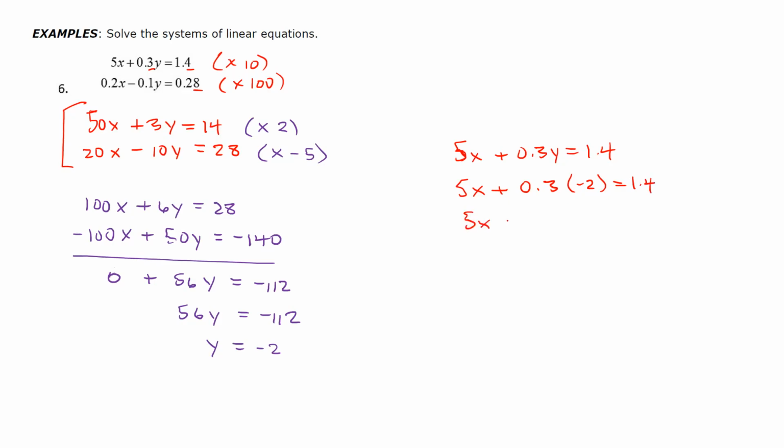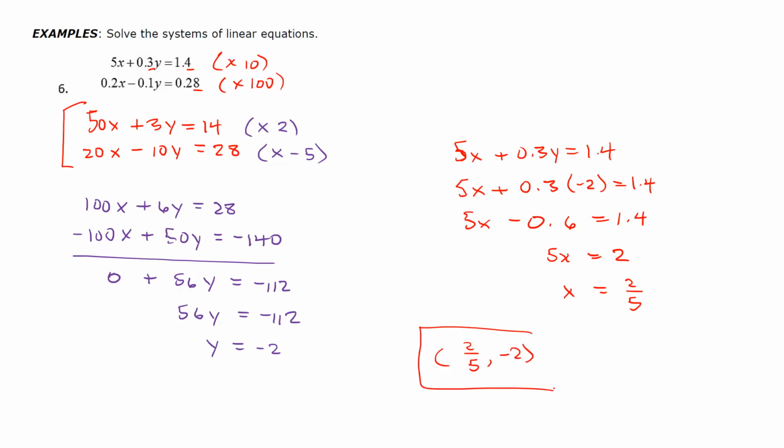So 5x minus 0.6 equals 1.4. So 5x equals 2. And x equals 2/5. So the solution to my system is the ordered pair 2/5, negative 2.